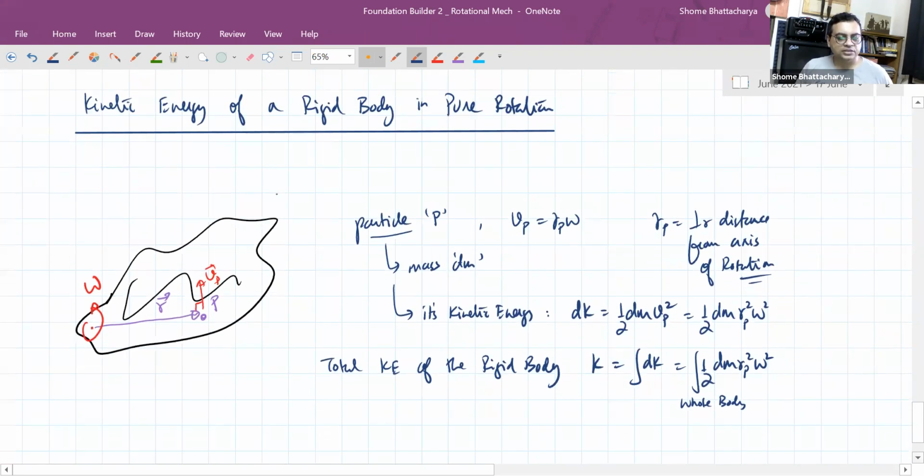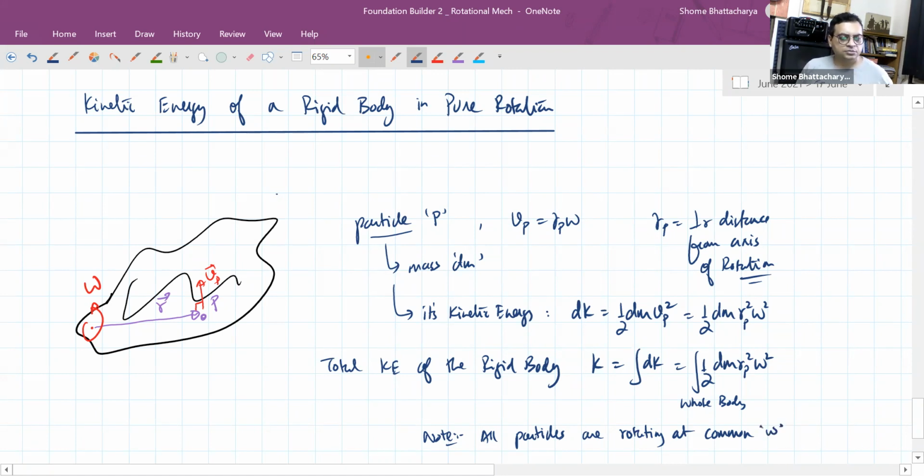Okay. So at this given instant, all particles in the rigid body are rotating at common value of omega. Okay.